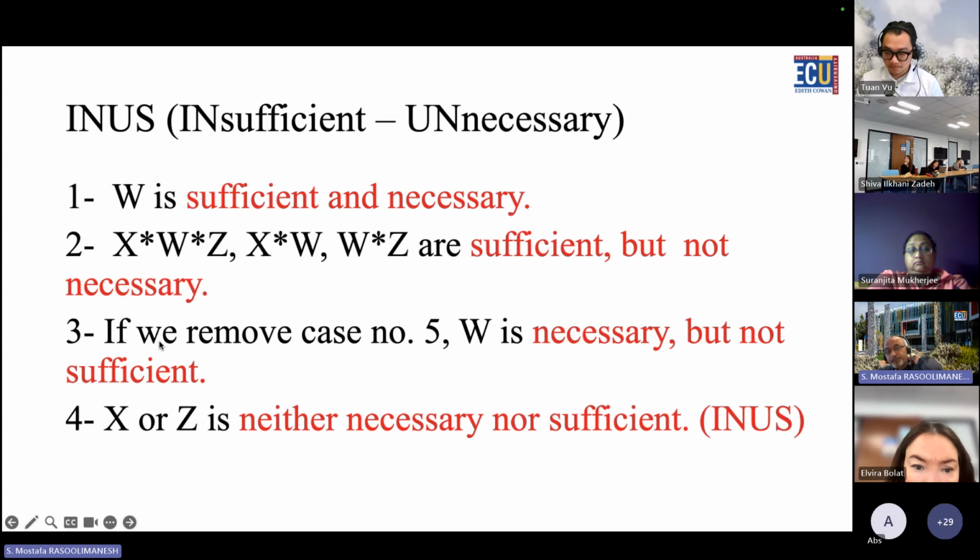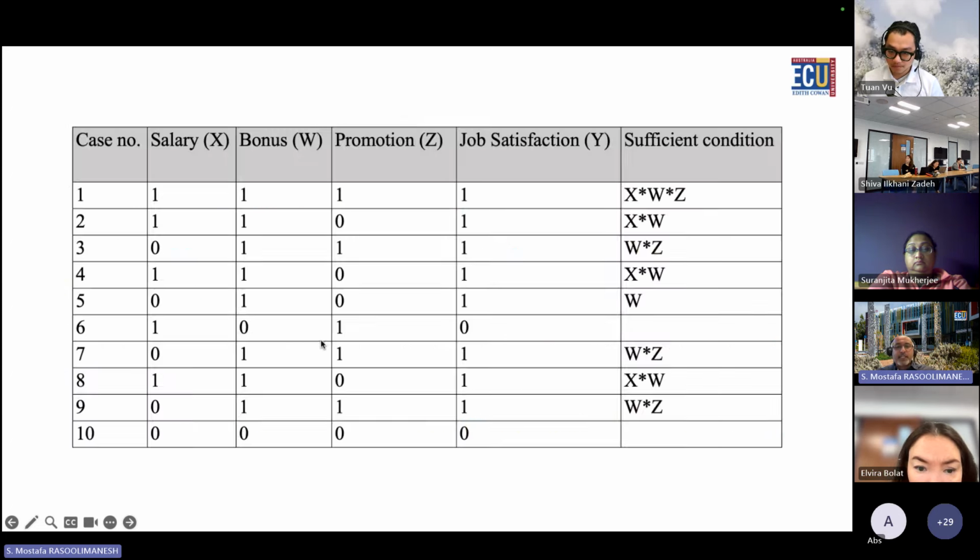In situation number 3, if we remove case number 5, employee number 5, W alone cannot create a high level of job satisfaction, but W is part of all combinations that we have.